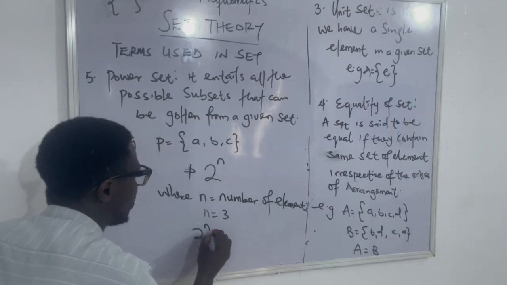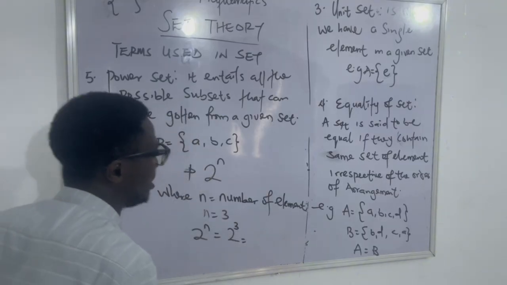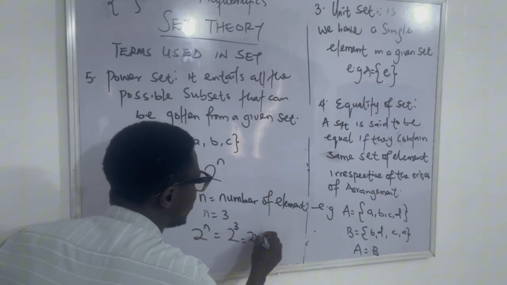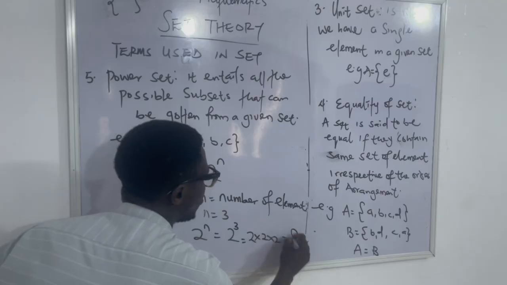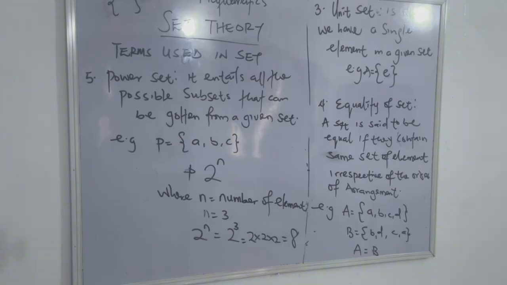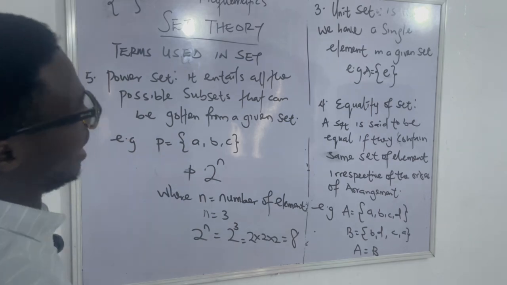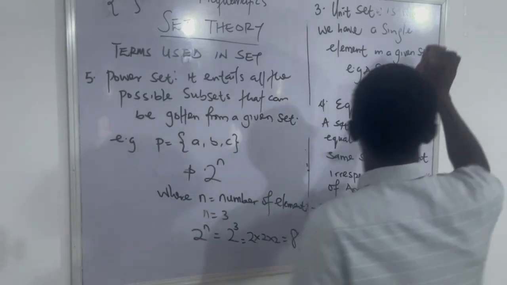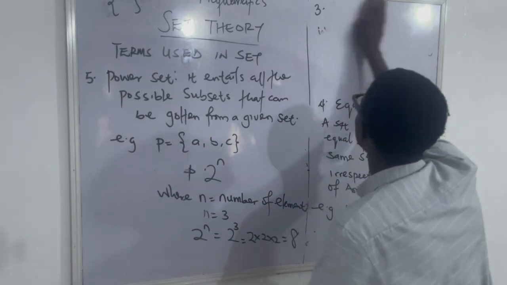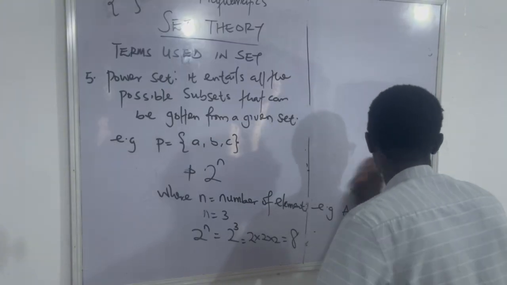So we'll say 2 raised to power n, that's 2 raised to power 3. And 2 raised to power 3 is 2 times 2 times 2, which equals 8. Which means that in this case, there are 8 possible subsets that can be derived from set P, and let's list them.